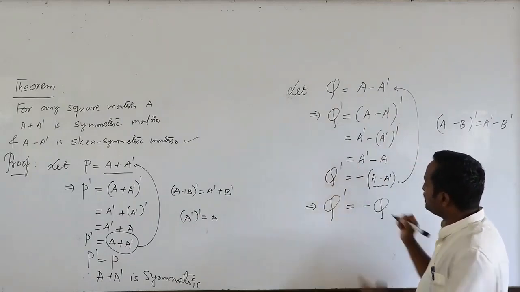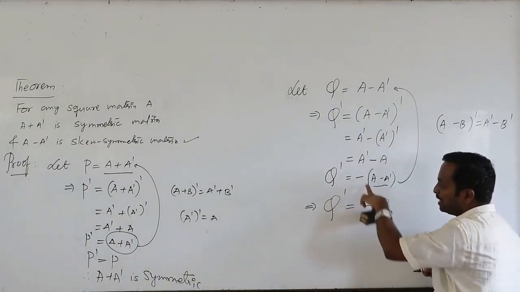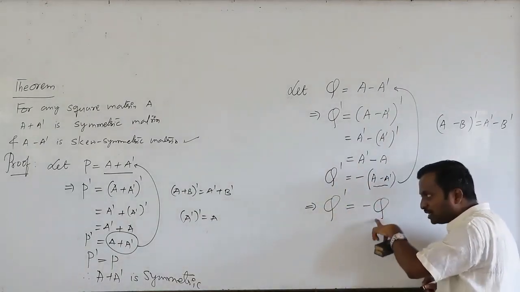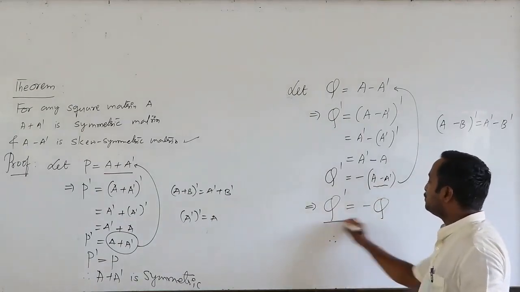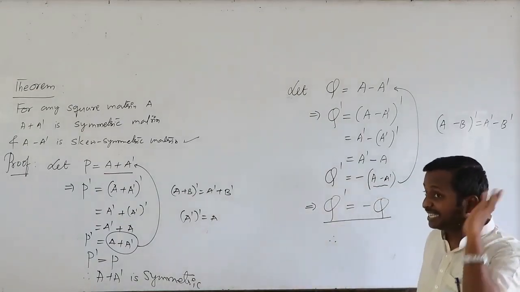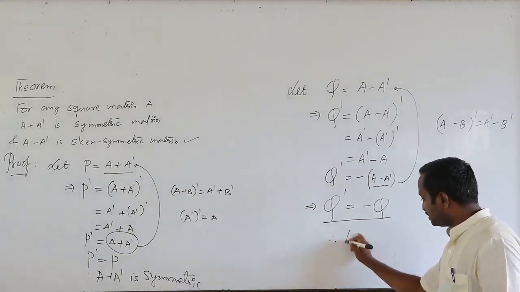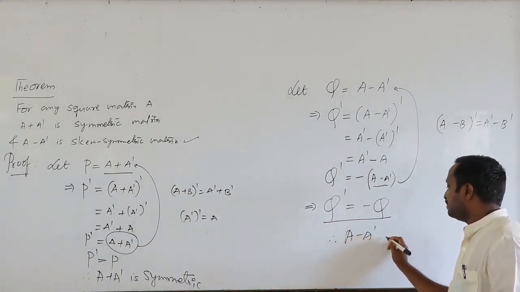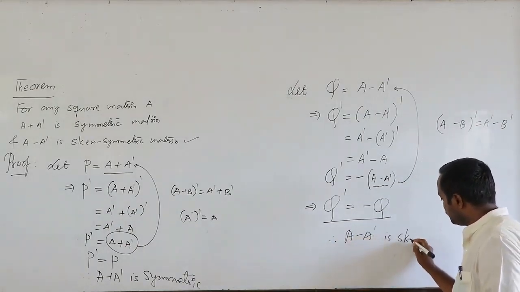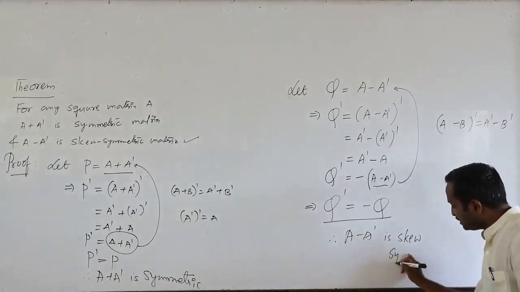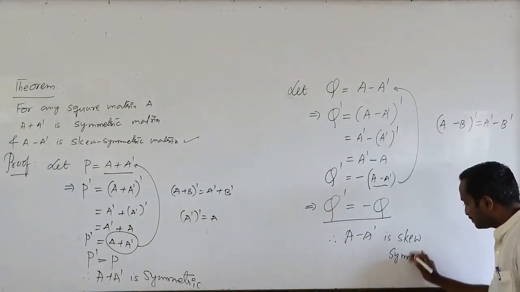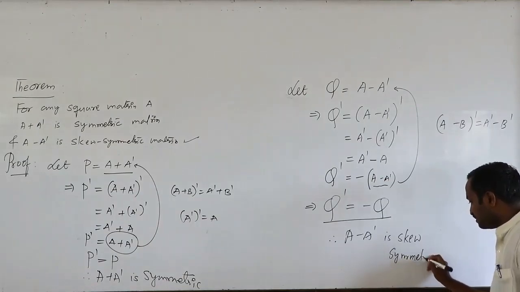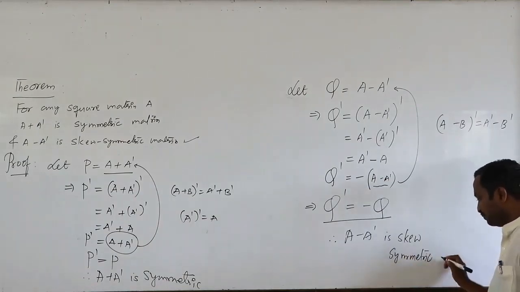So left side Q dash equals minus Q. Therefore Q dash equal to minus Q means Q is skew symmetric. Q, that is A minus A dash, is a skew symmetric matrix.